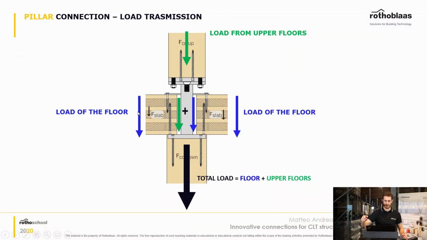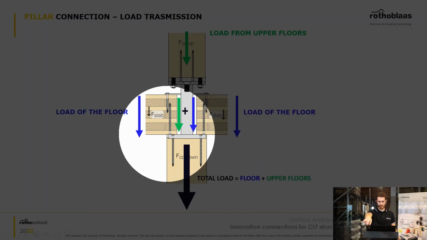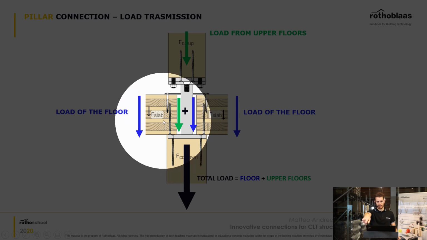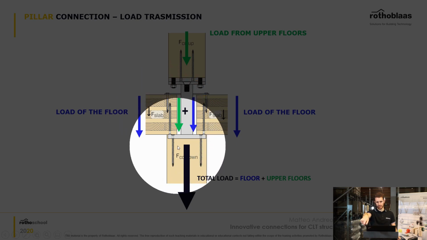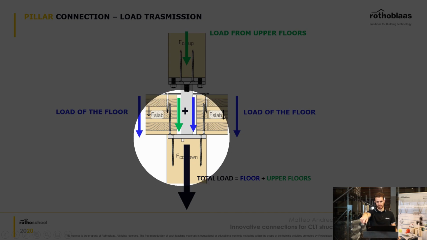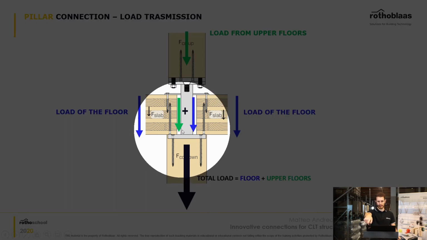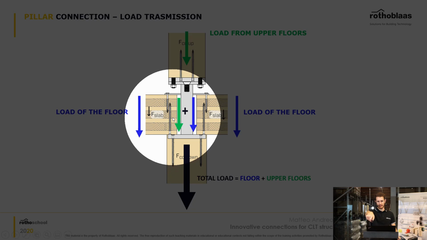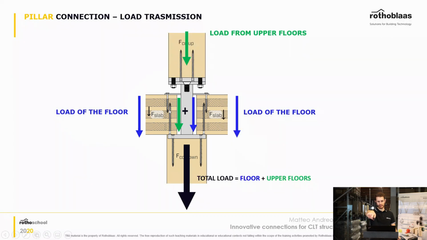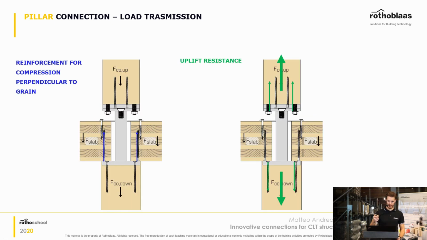You don't have a CLT floor which is hung to the product, but the load is passing through the bearing that you have from the CLT structure to the plate below. So that's why it is important, when the loads are bigger, to have these reinforcement screws to avoid problems of compression perpendicular to the fibers, to the grain.